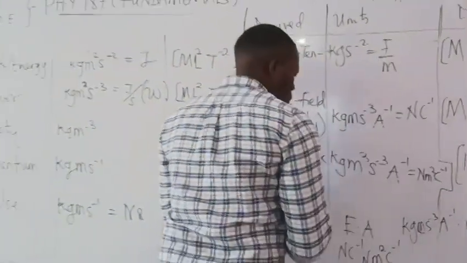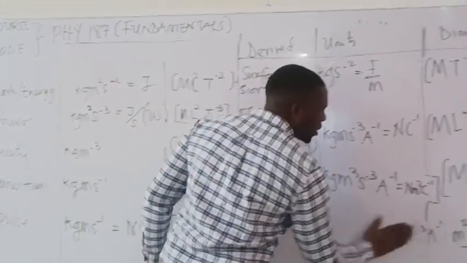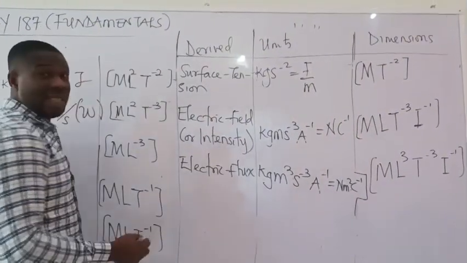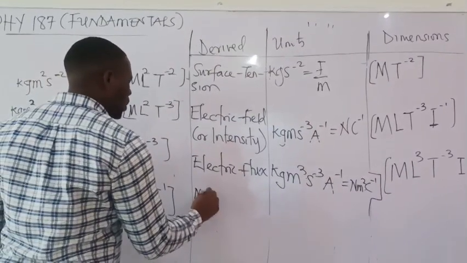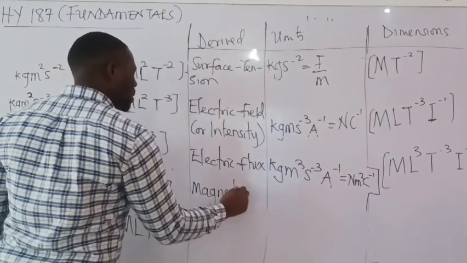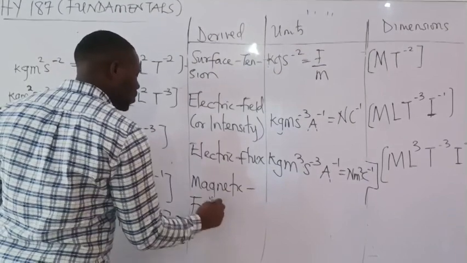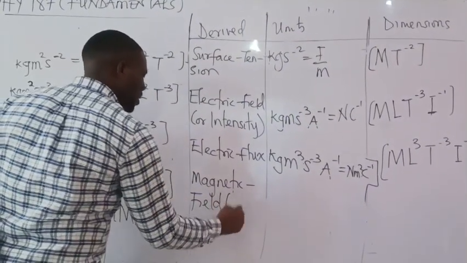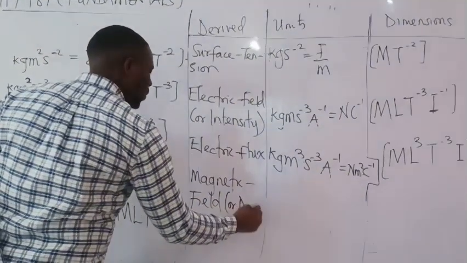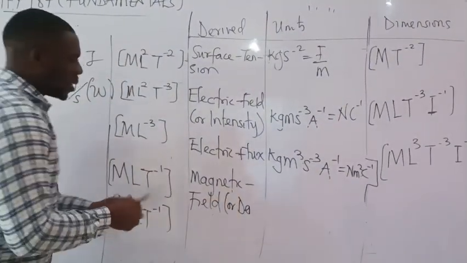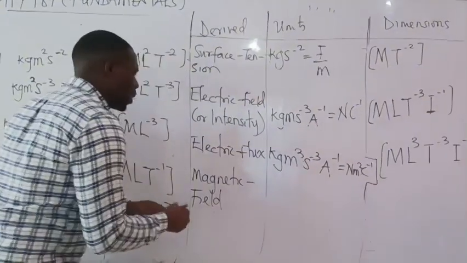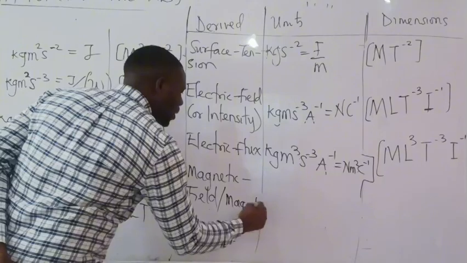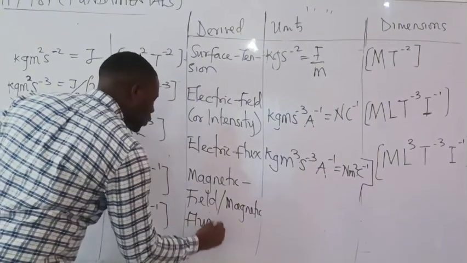Alright, having said this, we will talk about other derived physical quantities. Take for instance magnetic field. At times they use the word magnetic induction, or magnetic field density, as you like it, or magnetic flux density, so to speak.